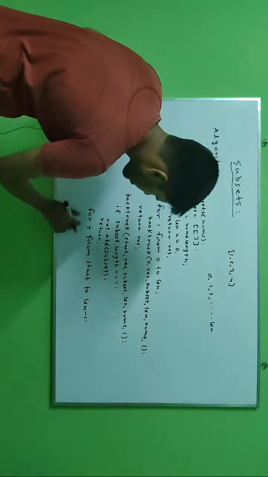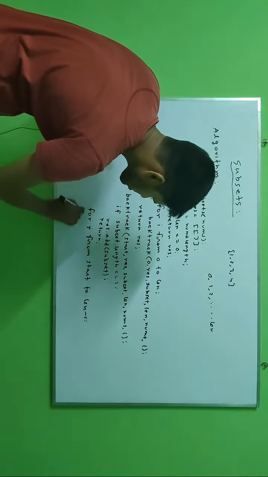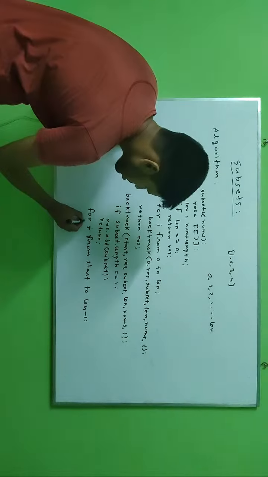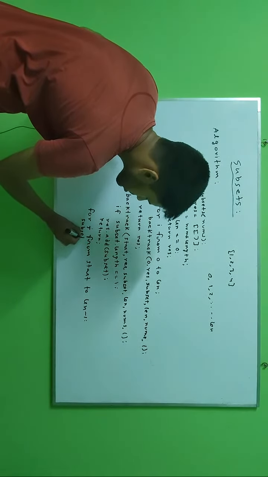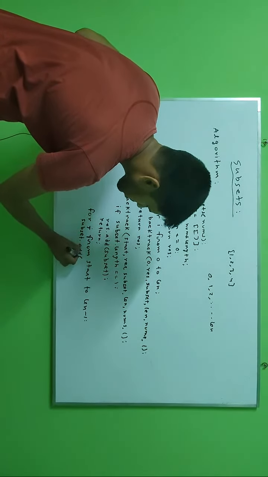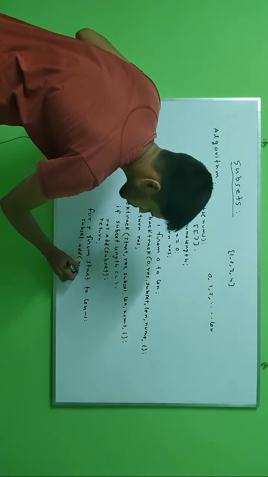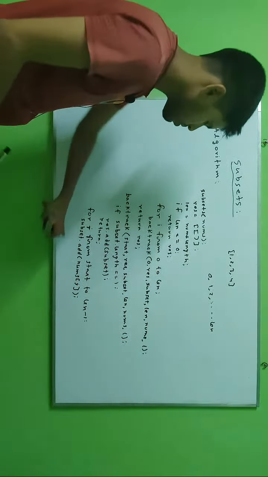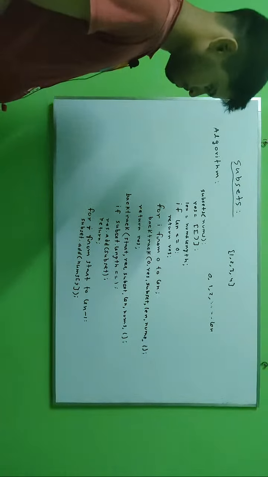Inside, we'll add our current element to our subset: subset dot add the current element nums j. So this is our current element.